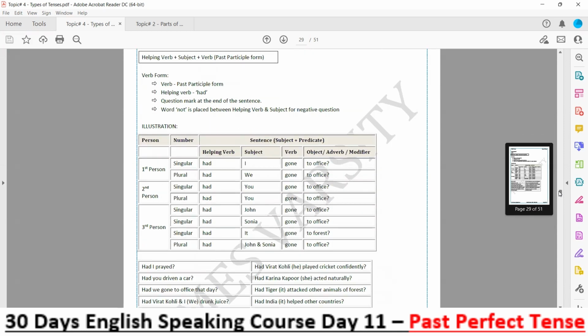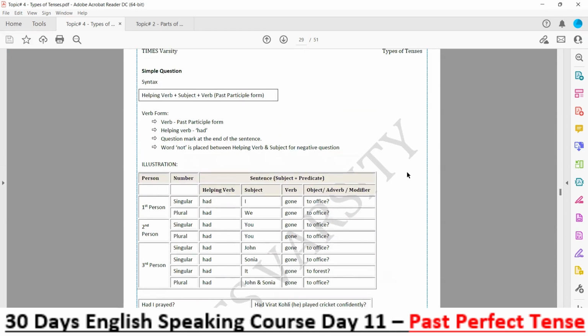Now let's go to simple questions in present perfect tense. Rule: helping verb plus subject plus verb. The verb form remains the same. The helping verb is also the same. And since it is a question, at the end of the sentence a question mark should be there.